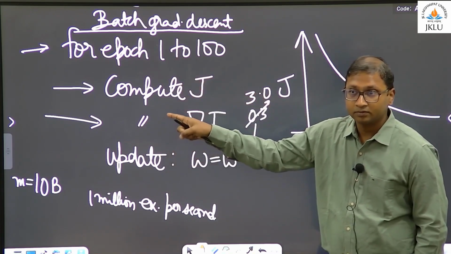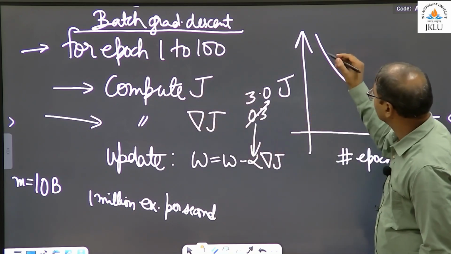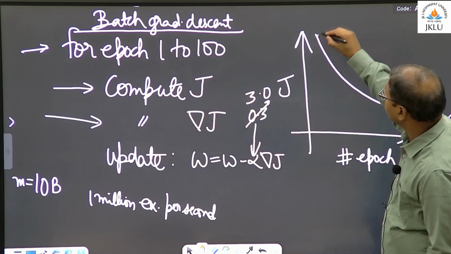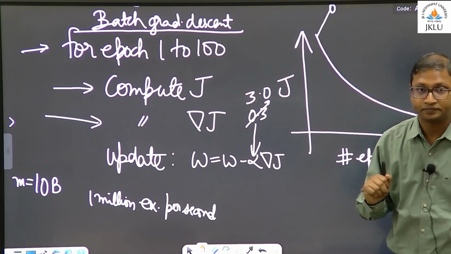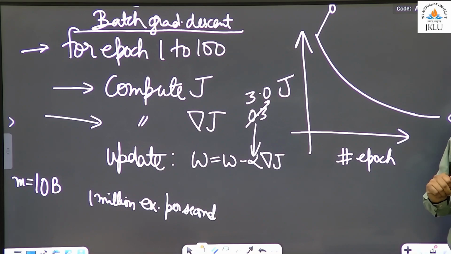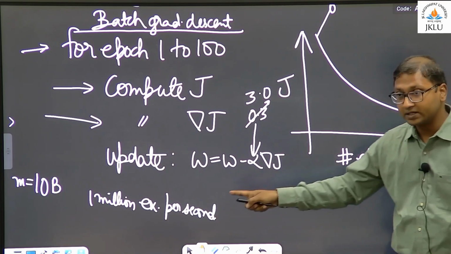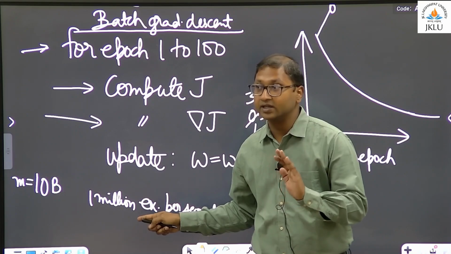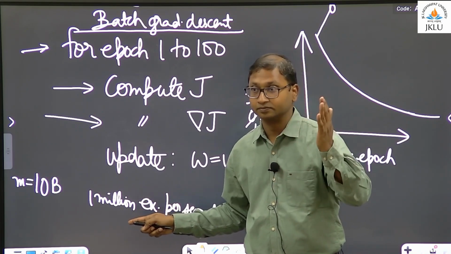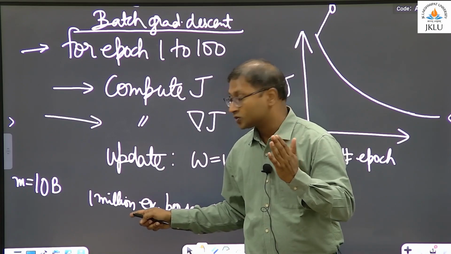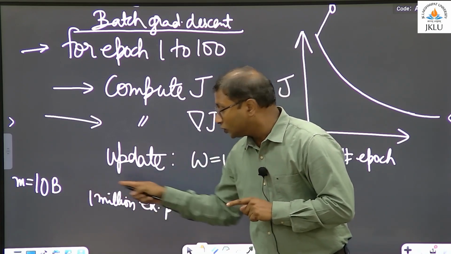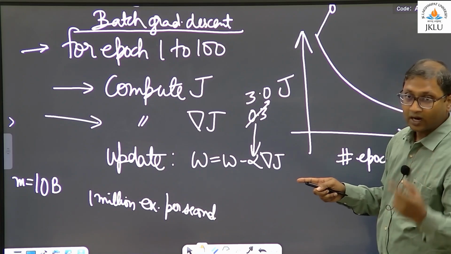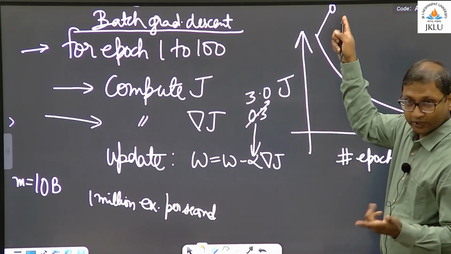After 3 hours, you start from here and your graph goes there, right? So you will have to wait for 3 hours, and 3 hours is nothing because these days training is running for months. So you need to wait for months, hours, days before you get to know the first change.